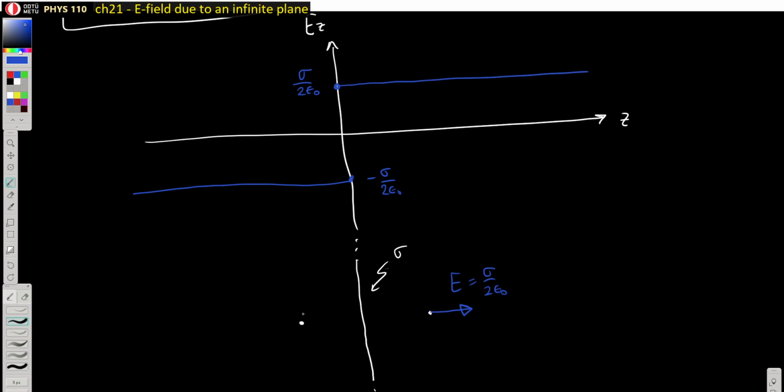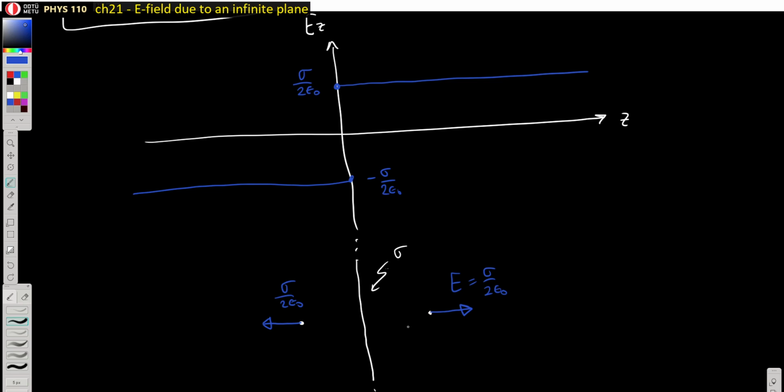And on that side, the electric field also has a magnitude of sigma divided by 2 epsilon 0 in the direction which is moving away from the plane. This is because of the symmetry. The electric field at that point and the electric field at that point should have the same magnitude, but opposite directions.